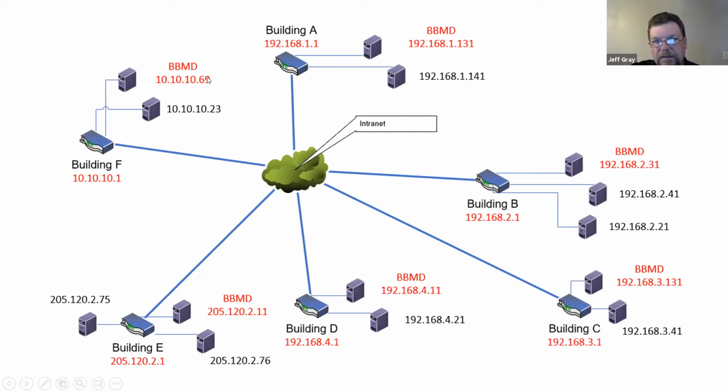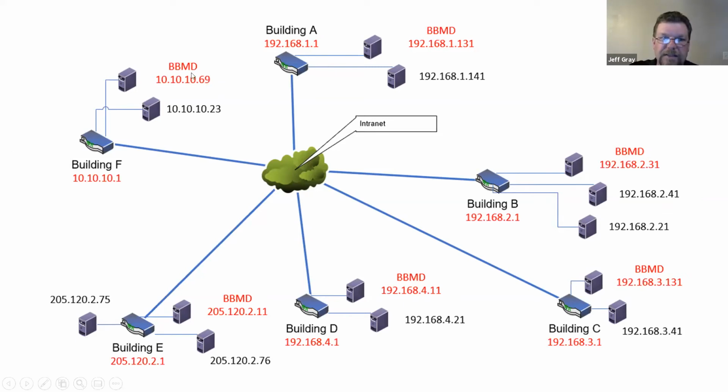I also set this up so you could take note that these BBMDs are at .31, and the other devices are .41. This one's .21. The number of the BBMD doesn't matter. It doesn't have to be a lower number than all the other devices. It could be .254, basically the highest number that you could set on a regular 255.255.255.0 network.